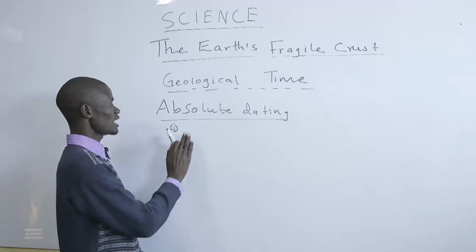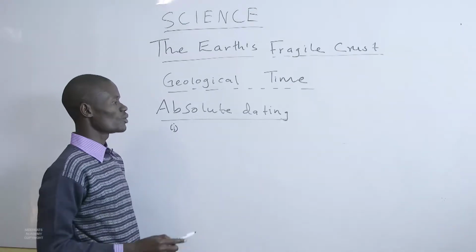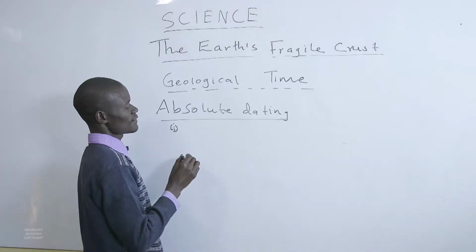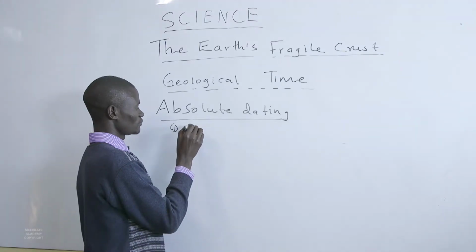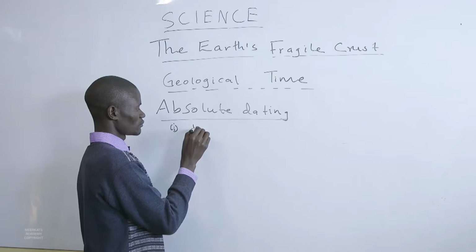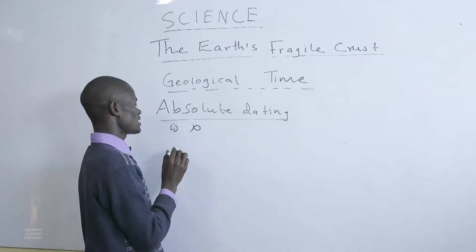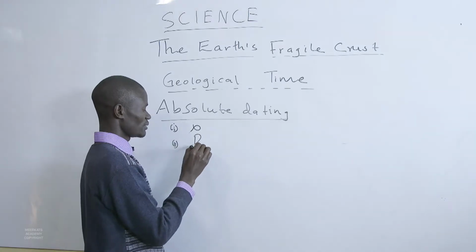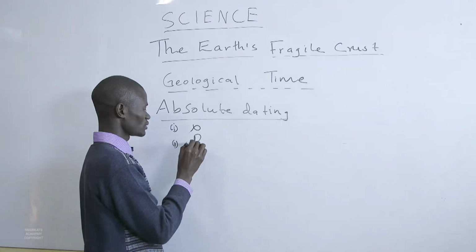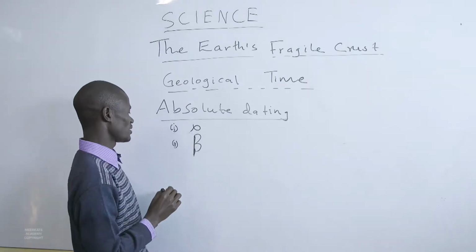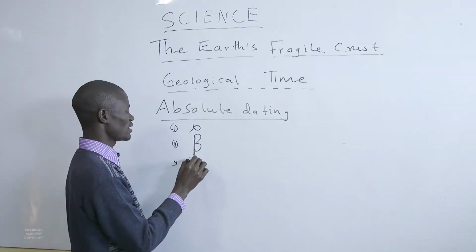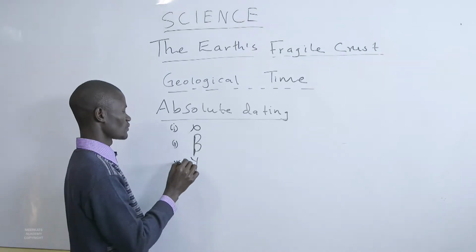These particles are the ones that are formed, and one is the alpha particle. And then we also have the beta particle. These were identified by the Greeks. And then we have the gamma particle.